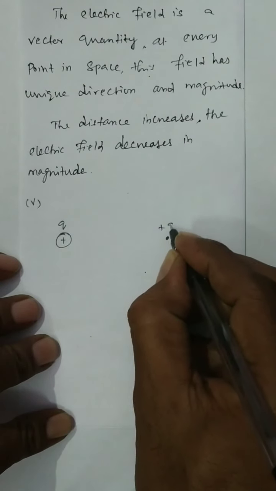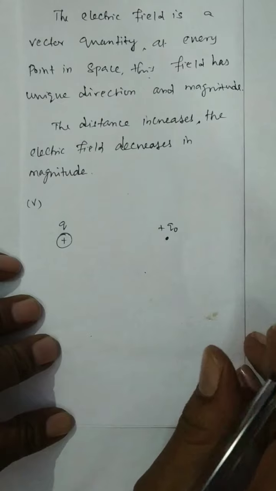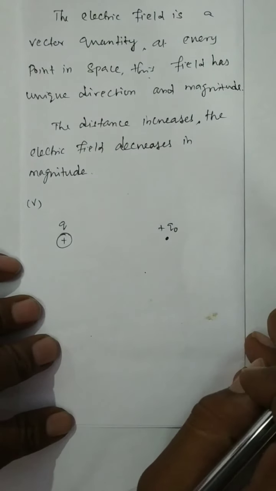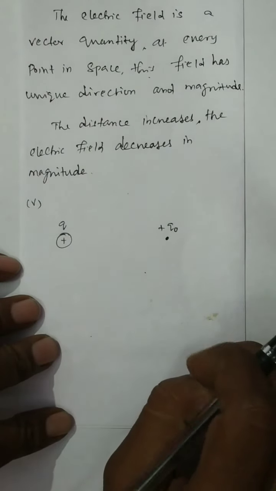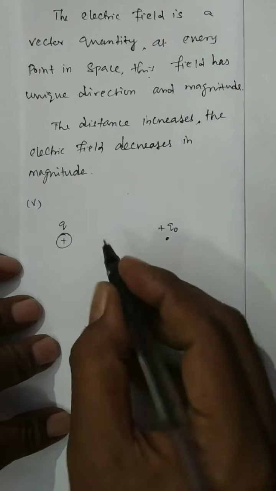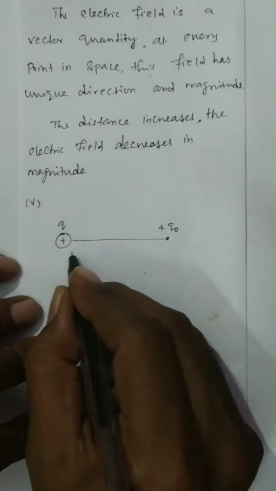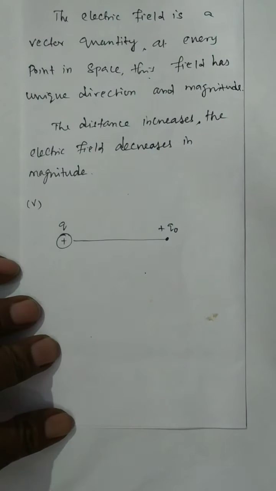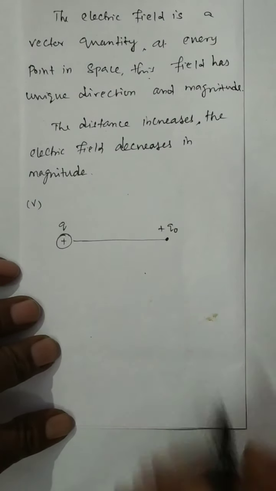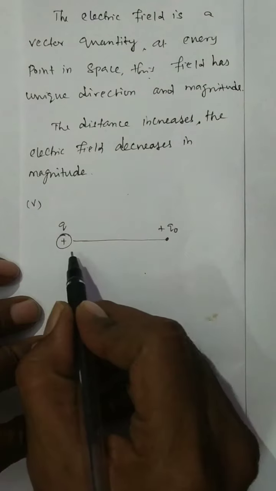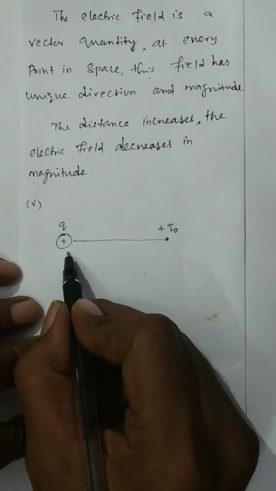We know this is Q naught. The test charge is always taken very small. Why? Because this test charge should not affect the source charge. So when we bring this test charge, it will not move the source charge.